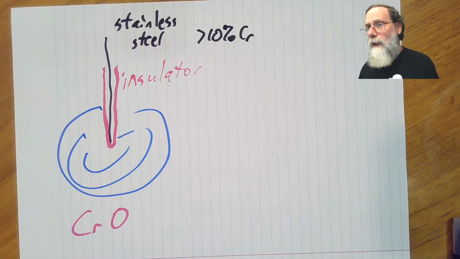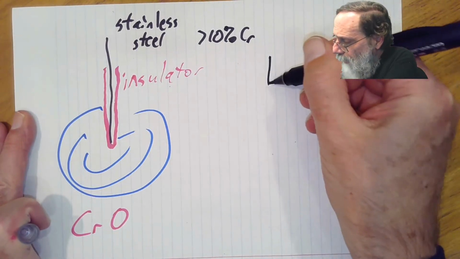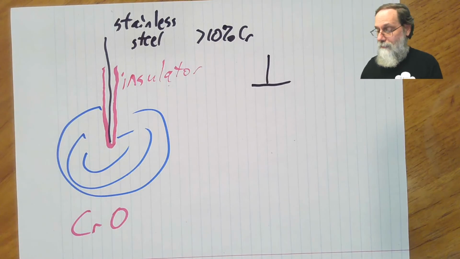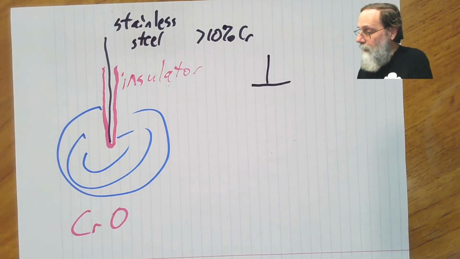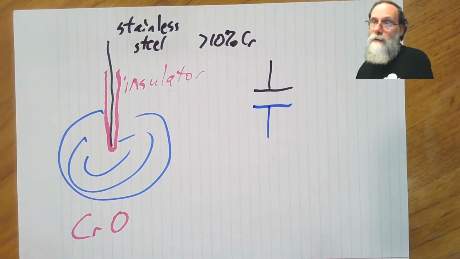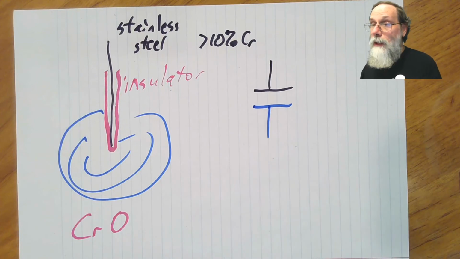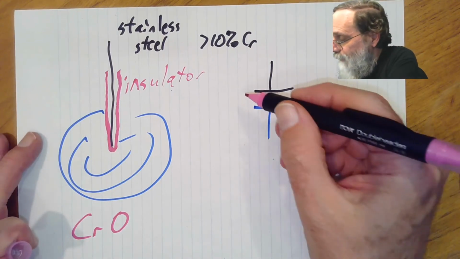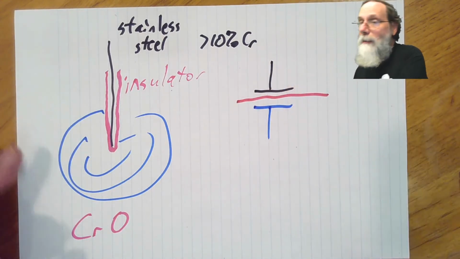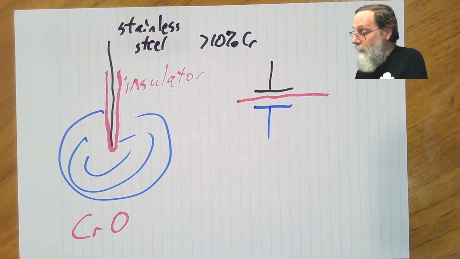In fact, if you think about this, it's a pretty easy model. We've got the stainless steel electrode that conducts. We have the electrolyte, which conducts ionic currents. And in between, we have the chromium oxide insulator. So this is just modeled as a capacitor.